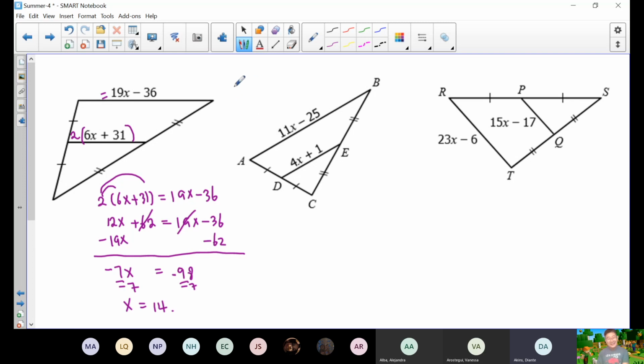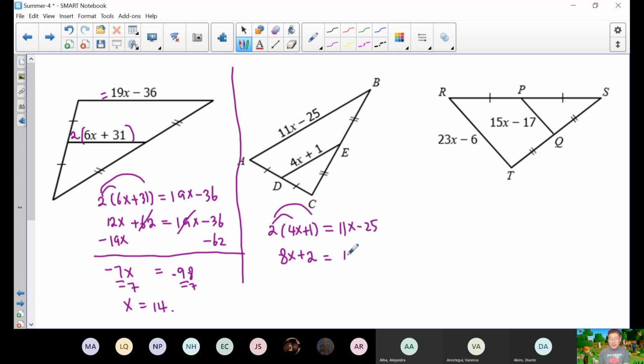All right. Okay, next one. This is all the same question, right? This line is double this one. So if you double this, then it equals this. So what we do is 2 times 4x plus 1, doubled, and this line equals 11x minus 25. So 8x plus 2 equals 11x minus 25.